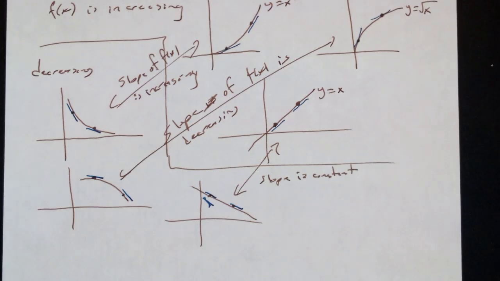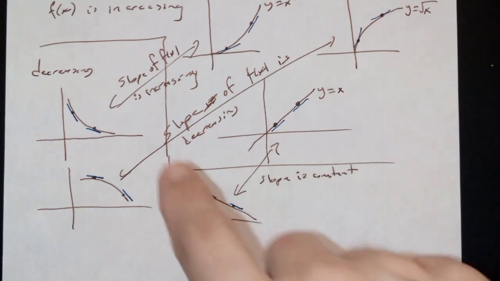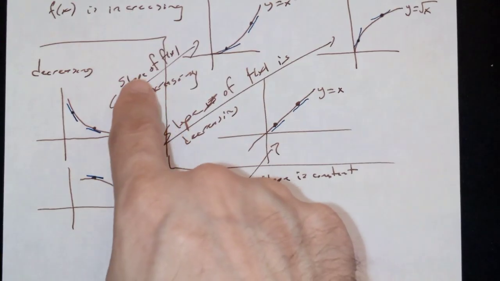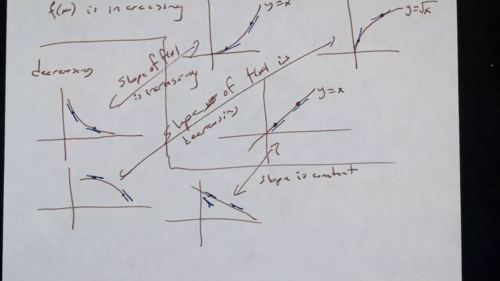We say that f is increasing if the derivative of f is positive. We say that f is decreasing if the derivative of f is negative. The slope is increasing. What should I be measuring the derivative of? I should be measuring the derivative of f prime. That's the second derivative of f.